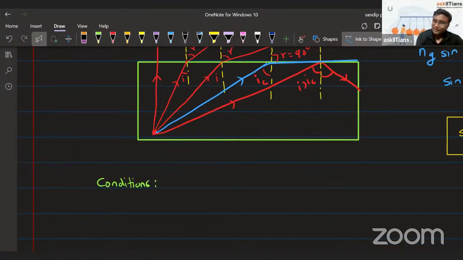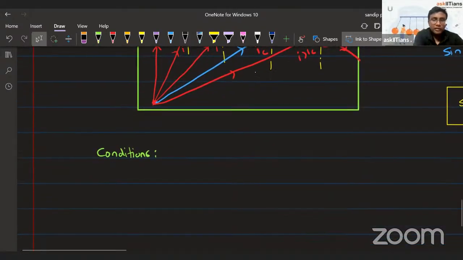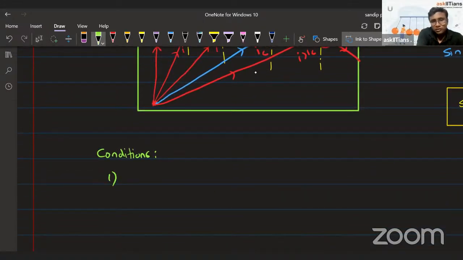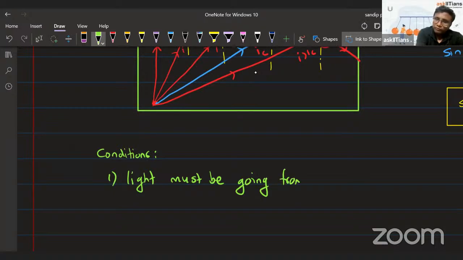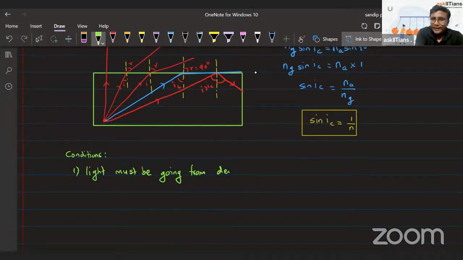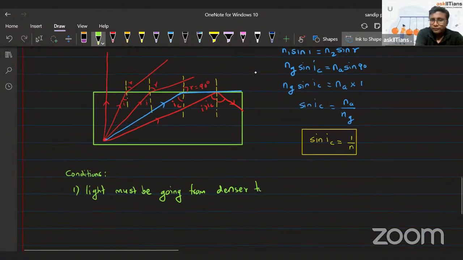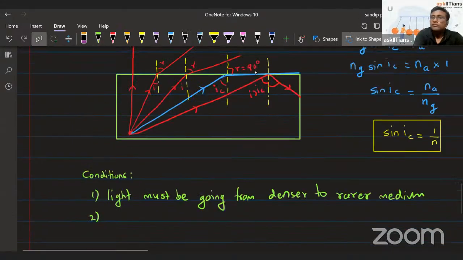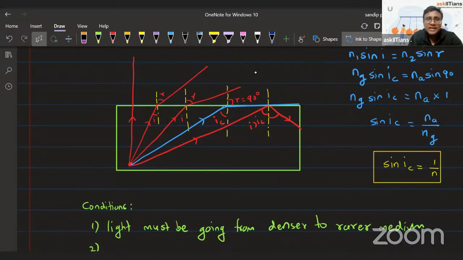So total internal reflection will happen only if, first, light must be going from denser to rarer medium. And second, total internal reflection means this last ray you can see is getting totally internally reflected.